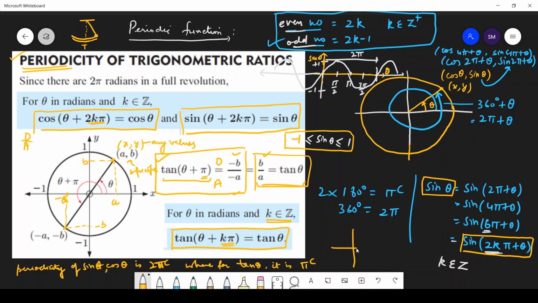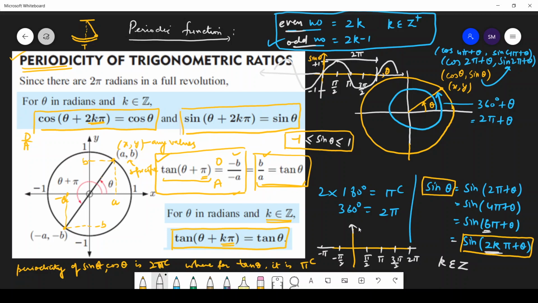And if you draw the graph of tan theta, students, obviously the graph will repeat after pi. So this is pi by 2, this is pi, this is 3 pi by 2, this is 2 pi, on this side is minus pi by 2, and this is minus pi.